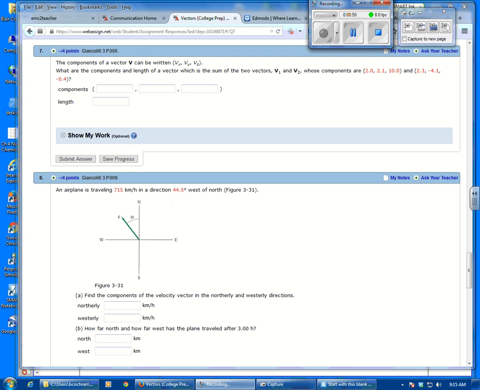You got that part? Okay. So the first component would be in the x direction, the second would be in the y, and the third would be in the z direction. So I'm going to convert vector v1 to unit vector notation: 2, 2.1, and 10.